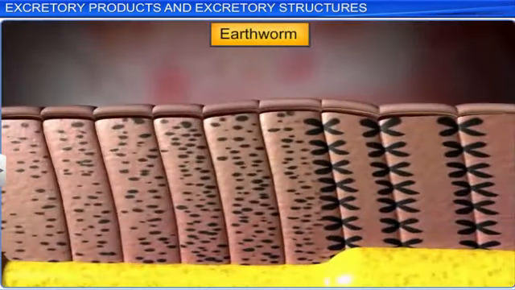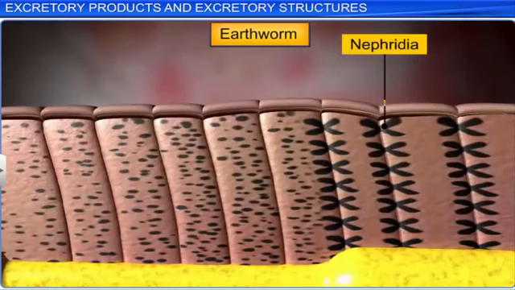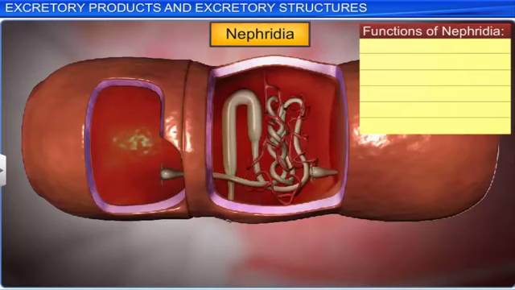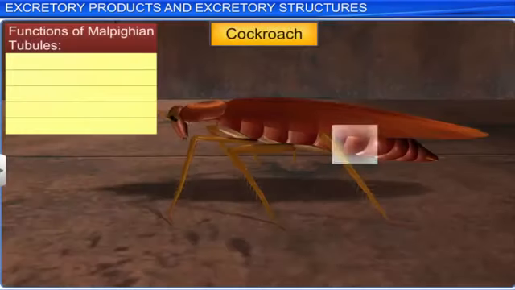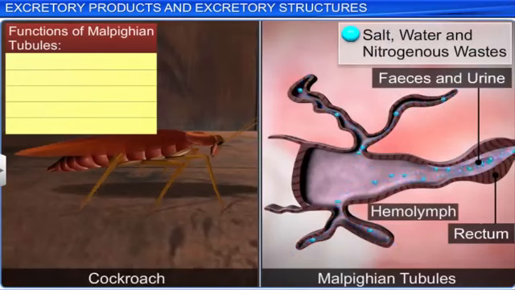Another excretory structure is the nephridia, found in many annelids like the earthworm. Nephridia are tubular structures that help remove nitrogenous waste and maintain the fluid and ionic balance. Malpighian tubules are excretory structures found in arthropodans such as insects and arachnids.